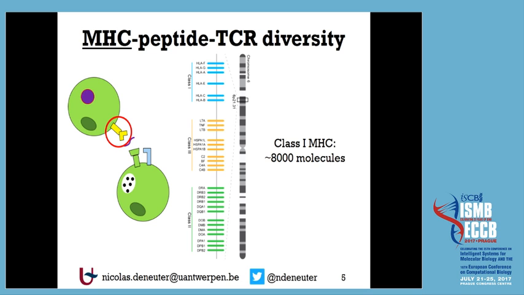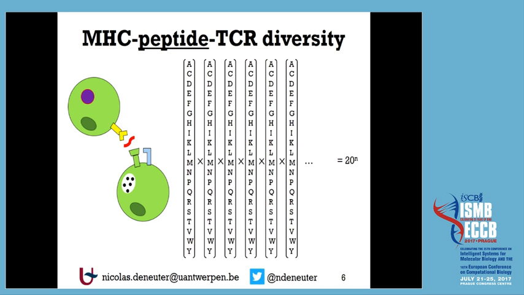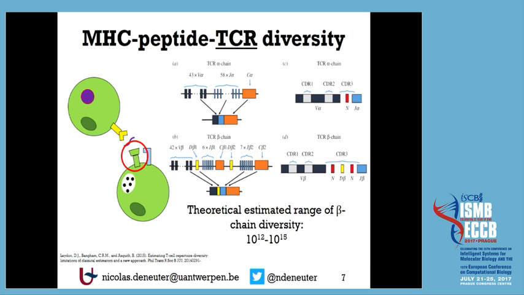For example, for the presenting MHC molecules, there are almost 8,000, I think, known classes of MHC class 1 molecules. The peptide itself can, of course, be very diverse. Usually presented peptides are about 9 amino acids long, so you can calculate how many possibilities we have there as well. To make it even worse, the T-cell receptor itself consists of 2 chains, an alpha and a beta chain, where each is created through a process of semi-random recombination.